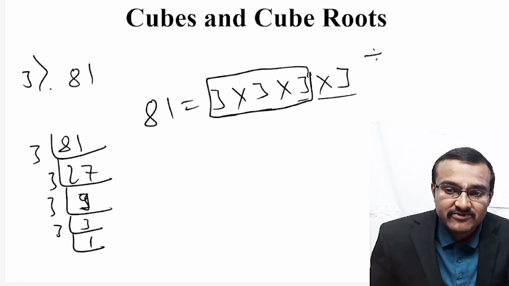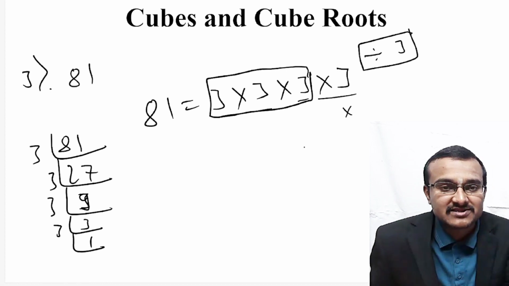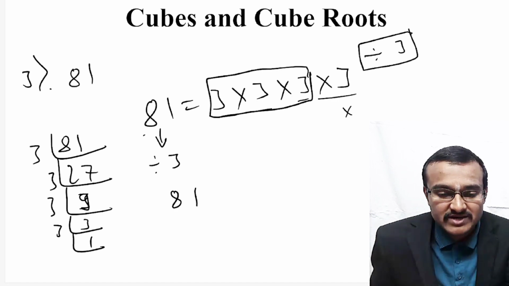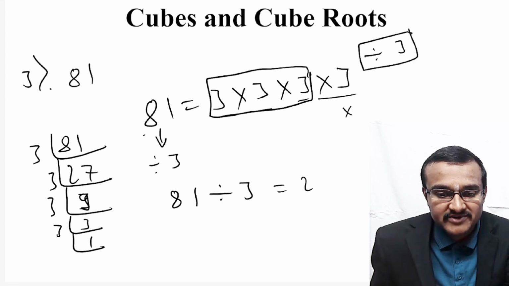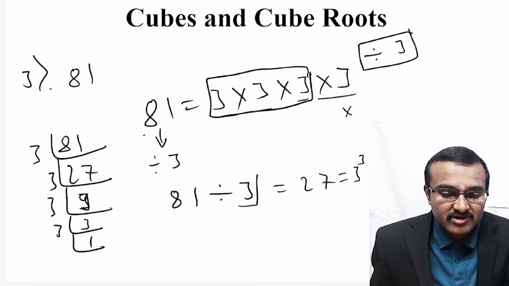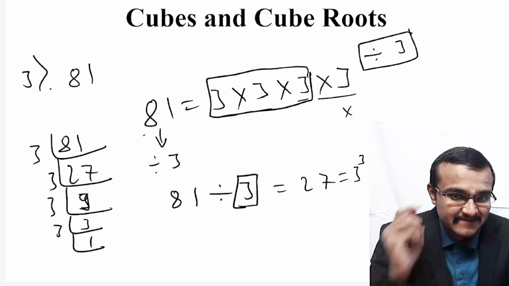So you should divide by 3 so that you can get rid of this 3 and get a perfect cube. That means 81 should be divided by 3. When you divide 81 by 3, you will get a perfect cube number, that is 27, because 27 is 3 cube. So the minimum number which you should divide to get a perfect cube is 3.